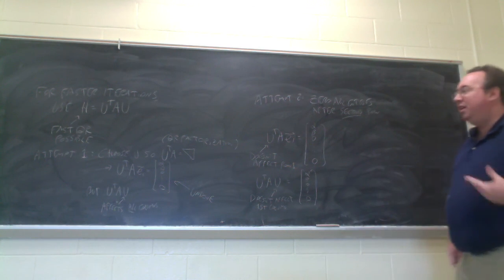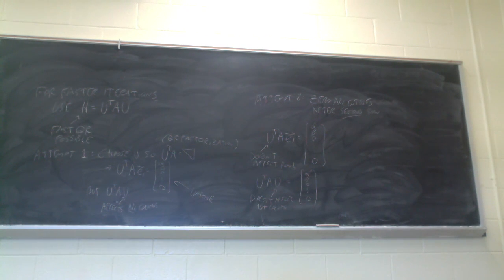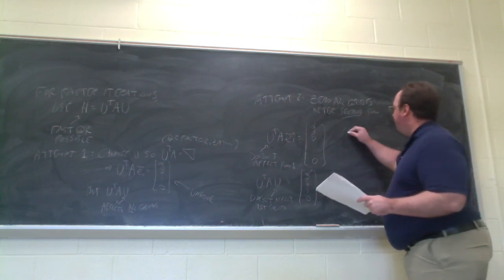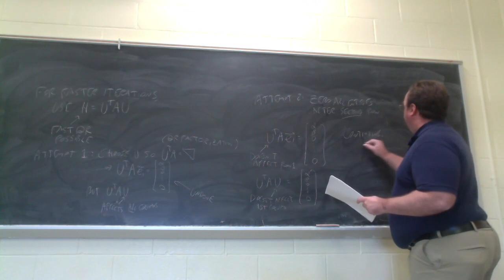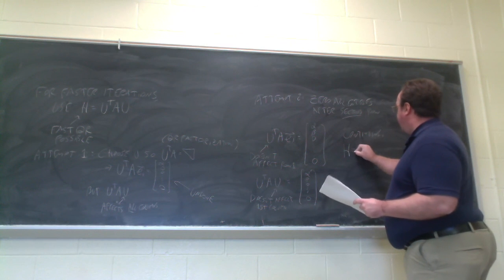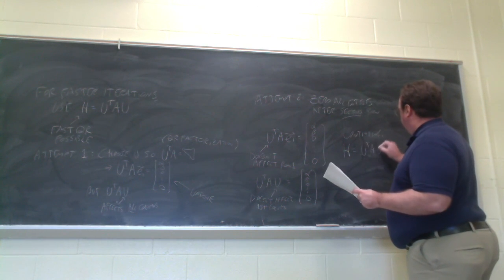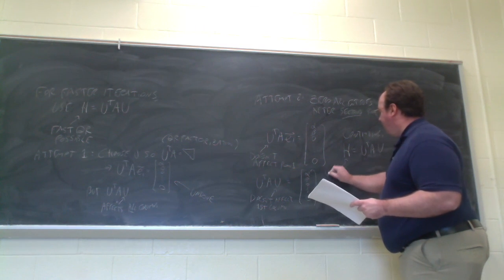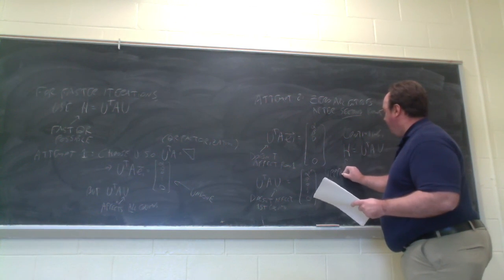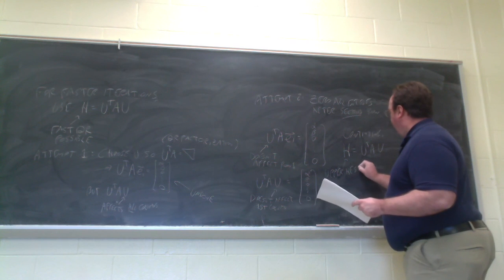So we can keep up this process, and the result is we get a matrix H that has Hessenberg, or the full name is upper Hessenberg, or simply Hessenberg form.